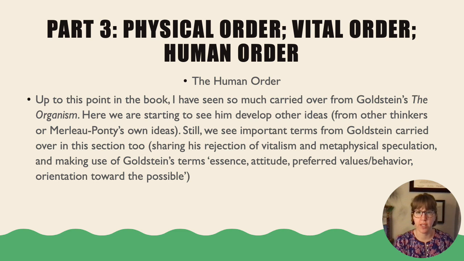These terms we'll see when he talks about humans. So a lot of this section is not from Goldstein, but he does sprinkle throughout this chapter descriptions of what makes humans human that he does seem to get from Goldstein.